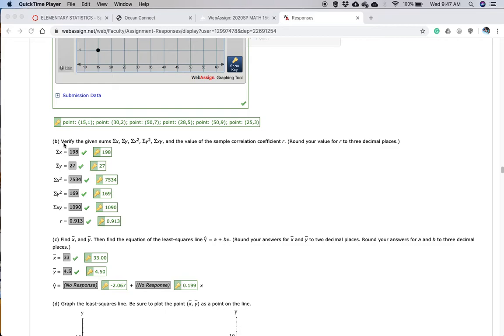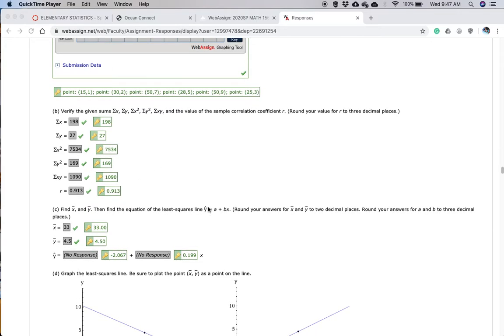Moving on down, you add up all your X values, add up all your Y values, square each of the X values and add them up, square each of the Y values and add them up, sum all of your products of your X's and Y's, and this one down here, your correlation coefficient, that's a little tricky. You can use the correlation coefficient formula, or you can use a process that we're about to learn in just a second.